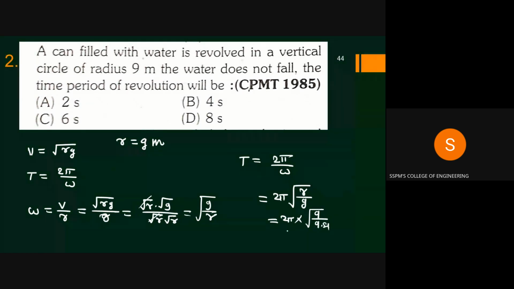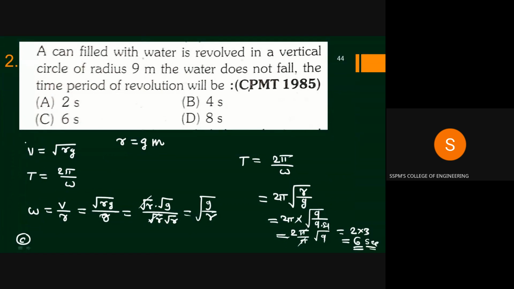For the approximation, we can treat 9.81 as pi square. So the answer will be 2 pi, pi square will be pi into square root 9. So this pi will get cancelled. Square root 9 is 3. So 2 into 3, this is equal to 6. Okay. So the option is option C. So time period is 6 seconds.